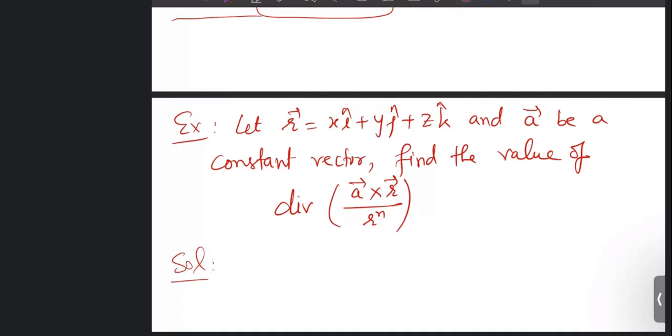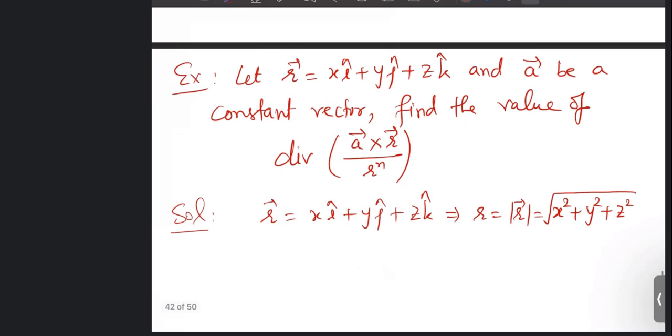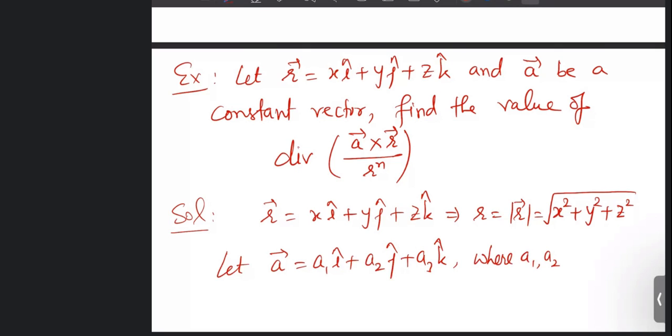Here we have given R equal to xi plus yj plus zk. This implies the magnitude R is x square plus y square plus z square raised to the power 1 by 2. And let vector A be a constant vector, a1i plus a2j plus a3k, where a1, a2, a3 are constants, because the whole vector A is a constant vector.